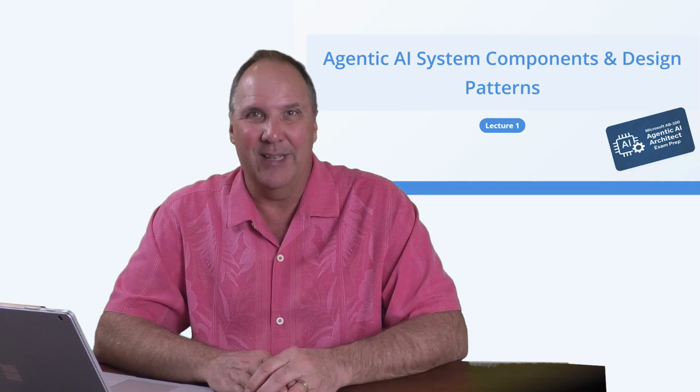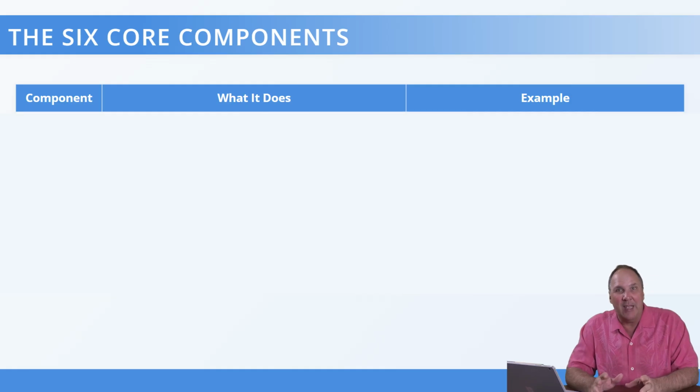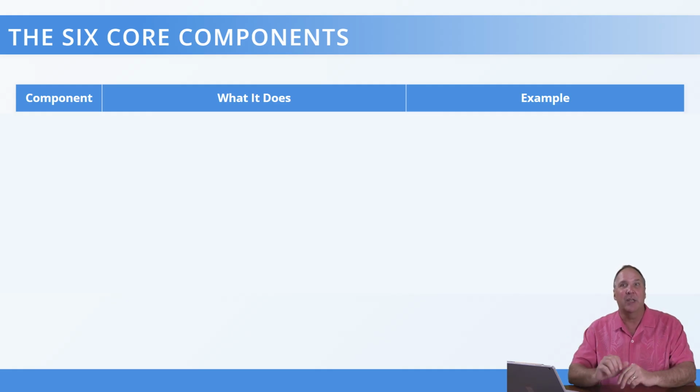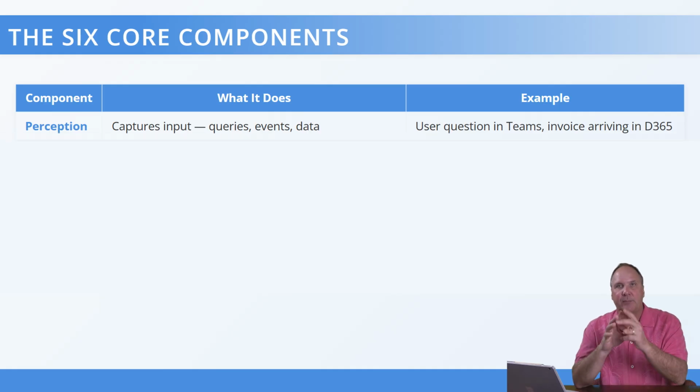So let's dive in. Now, every agentic system, whether it's a simple chatbot in Copilot Studio or a multi-agent orchestration in Azure AI Foundry, has 6 core components. Let me walk through each one. First, perception.